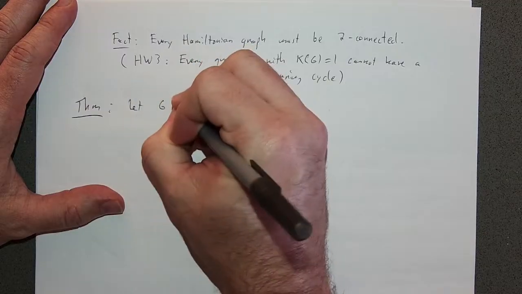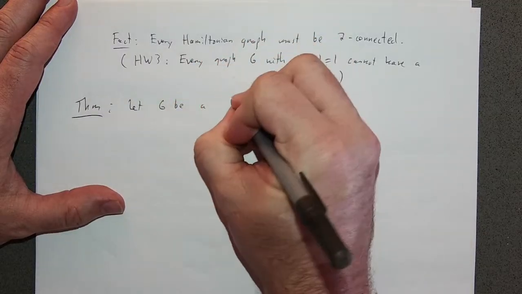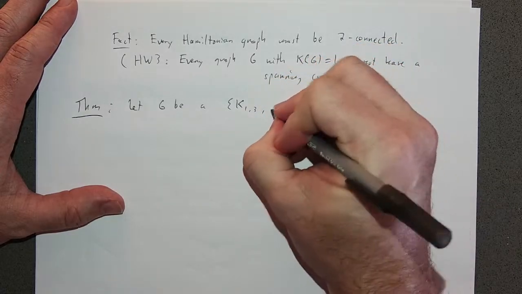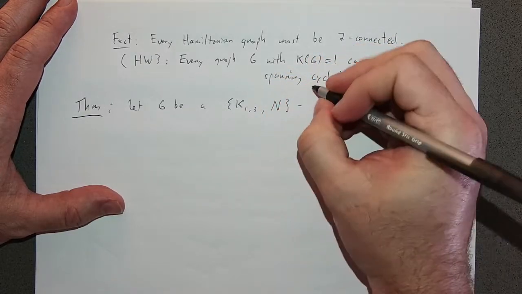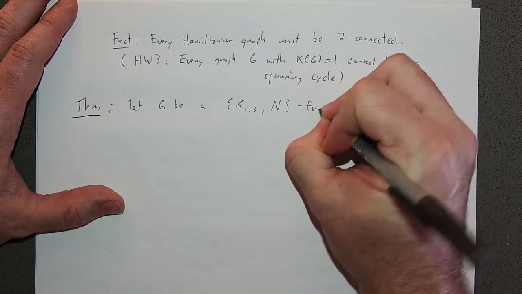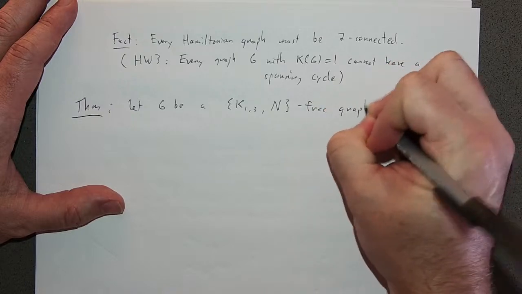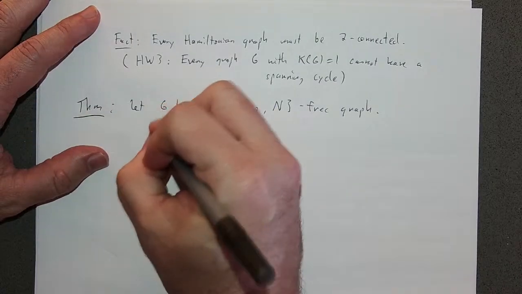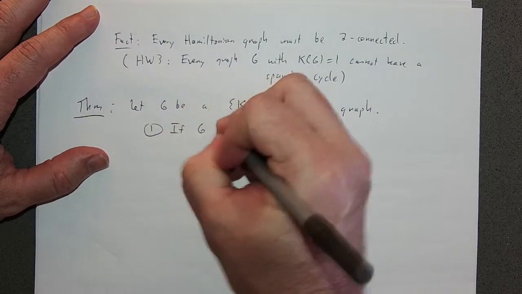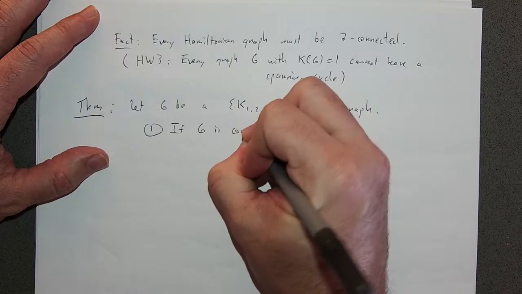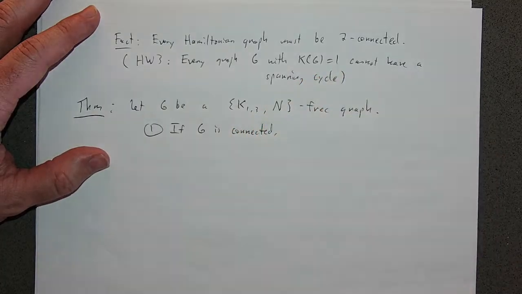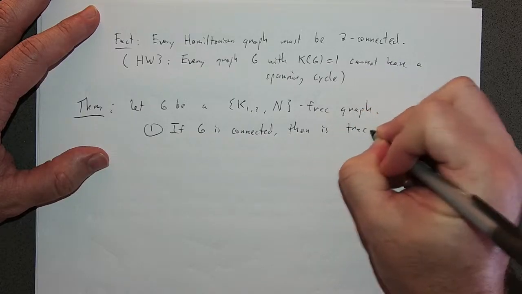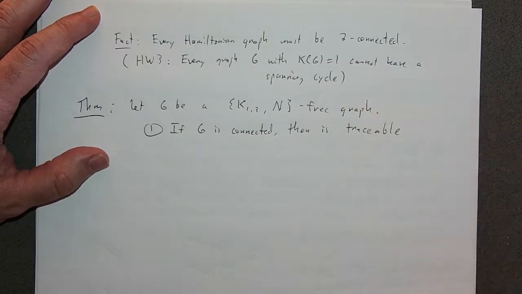Let G be a claw-free, and this graph N, I'll flash it on the screen again here in a second, free graph. One, if G is connected, then G is traceable. Look at yesterday's lecture for a definition of traceability.